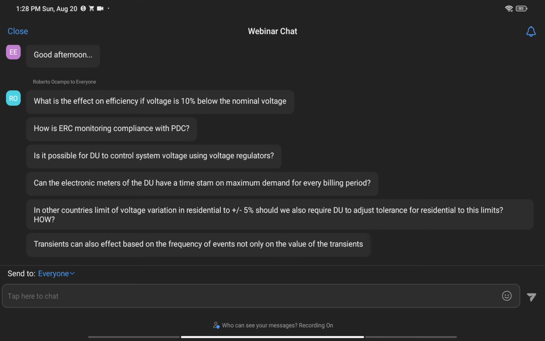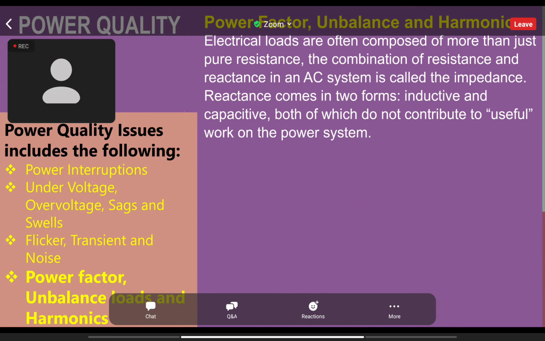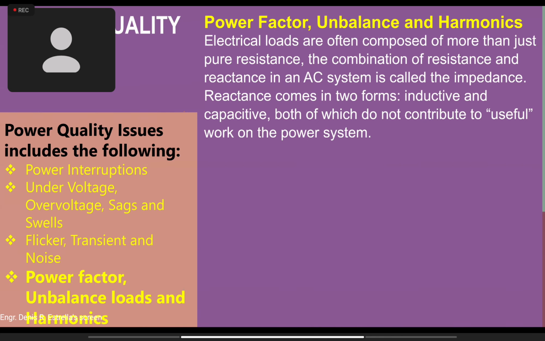Alright. So the fourth type is the power factor, unbalance, and harmonics. This is the fourth power quality issue that we need to understand. Power factor, we already know that this measures the efficiency of our electrical system to supply the useful work.